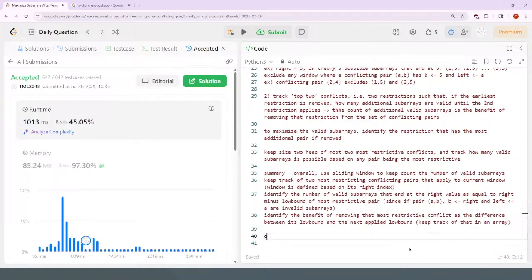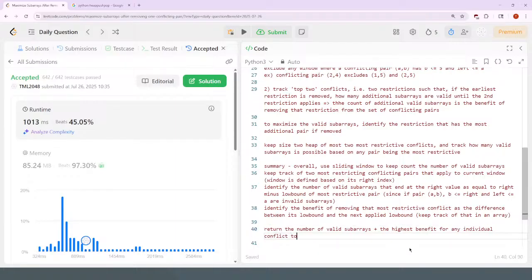And then we'll return the number of valid subarrays plus the highest benefit for removing any individual conflict to be removed.